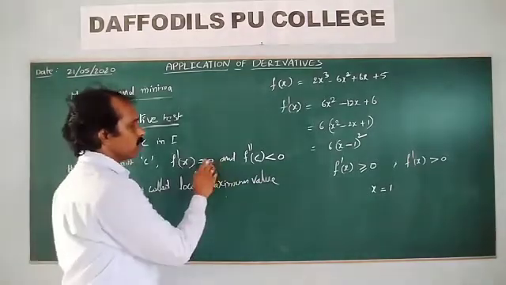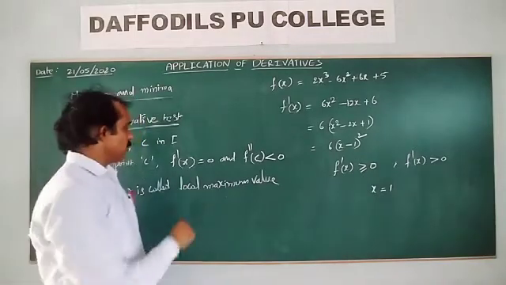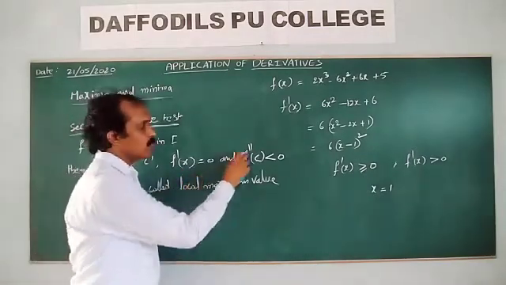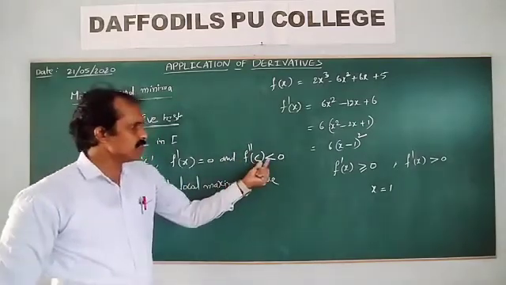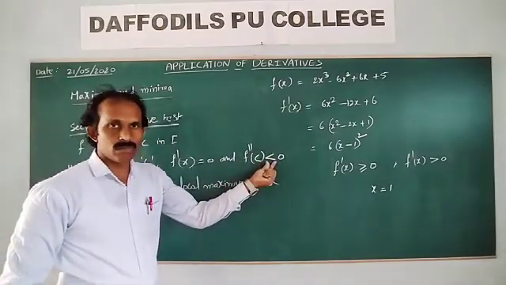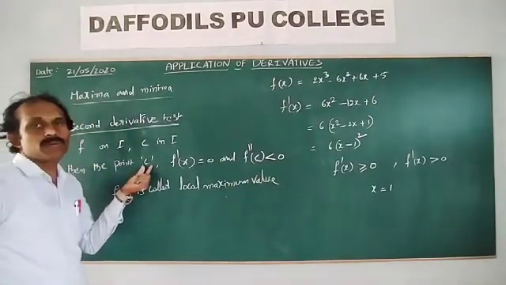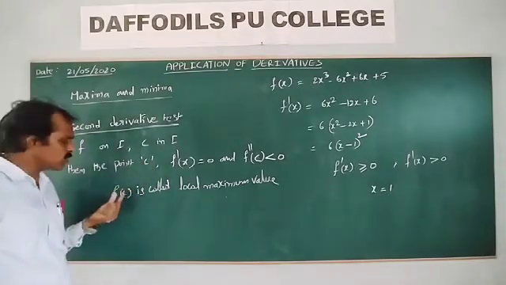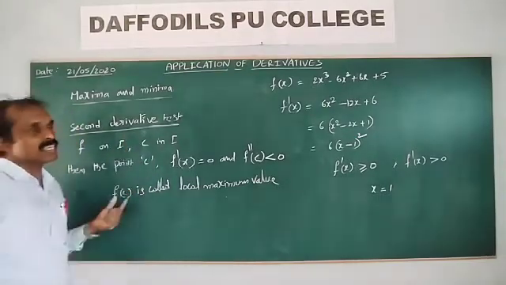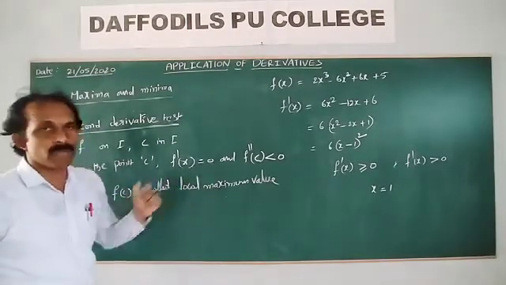Then again do the second derivative and substitute the critical values in this one. If that value is less than 0, then C is called local maximum point, and substituting the C point in the given function, f of C is called local maximum value.